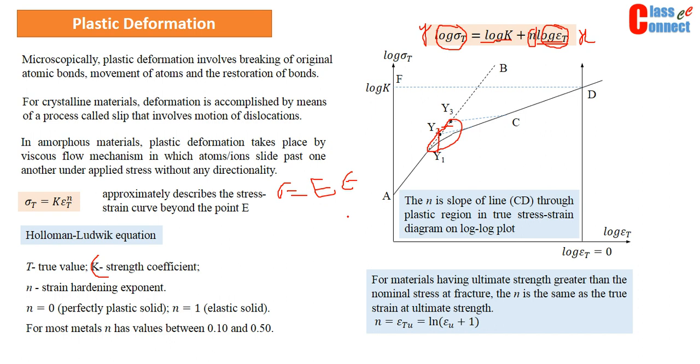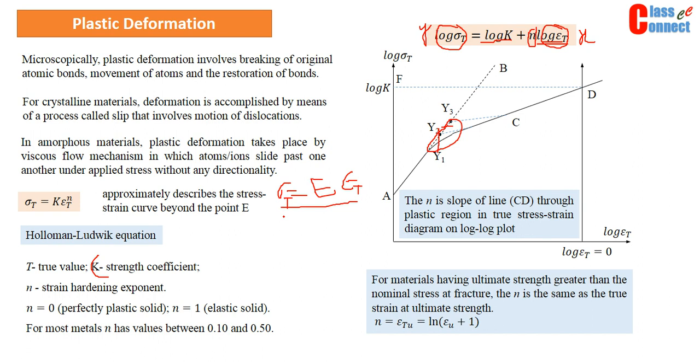And we also know that the instantaneous change in length below this Y, that is yield point or elastic limit, is very less as compared to the change in instantaneous length beyond this Y. So that is why we can say that the engineering stress and engineering strain between origin and Y are practically equal, because there is very negligible change because of the very small deformation up to this Y.